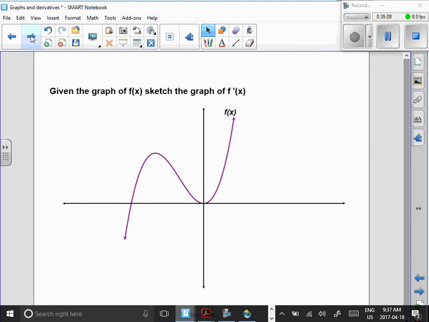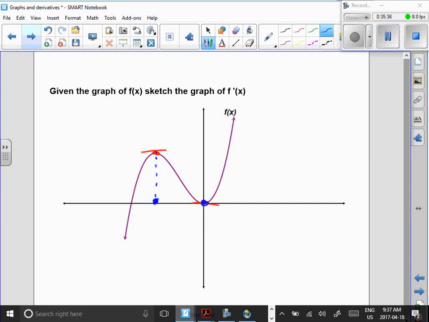Here again, we have a cubic, so we should get a quadratic parabola. Let's go to the maximums and minimums here. The slope of the tangent is 0 at these 2 points, so the derivative should be 0 at those 2 points.